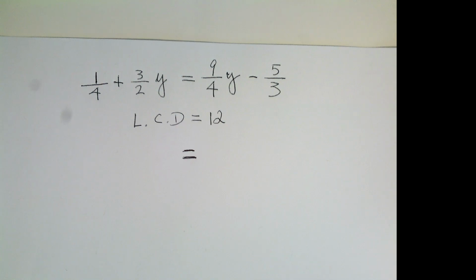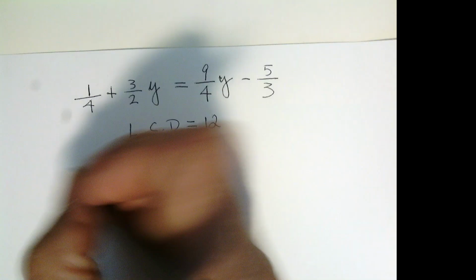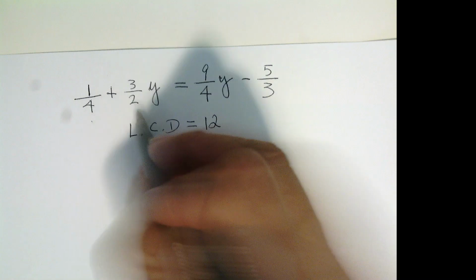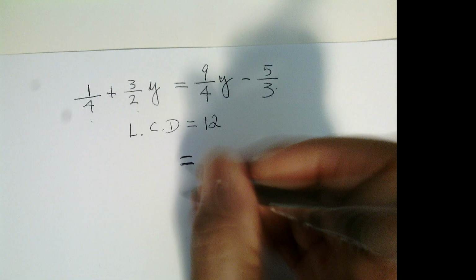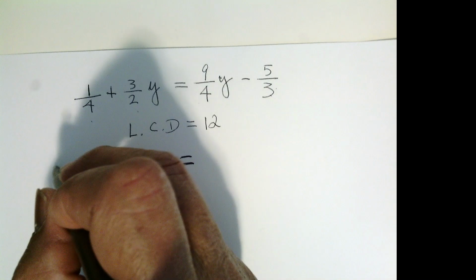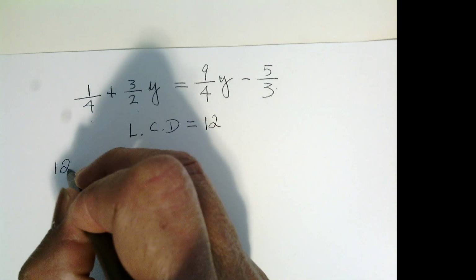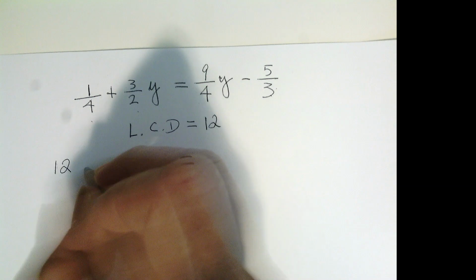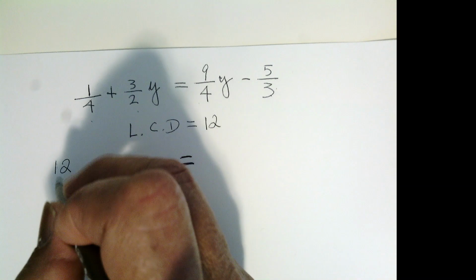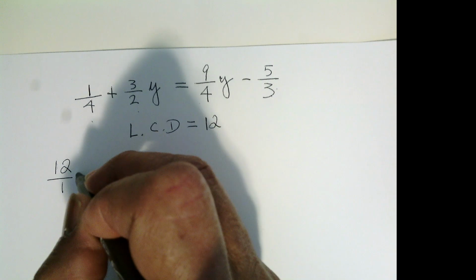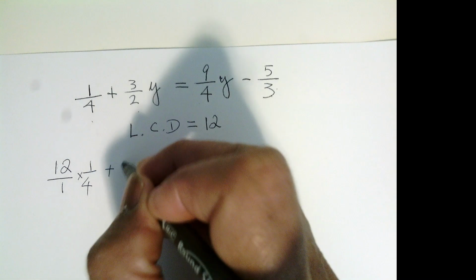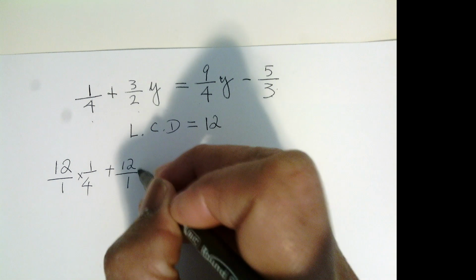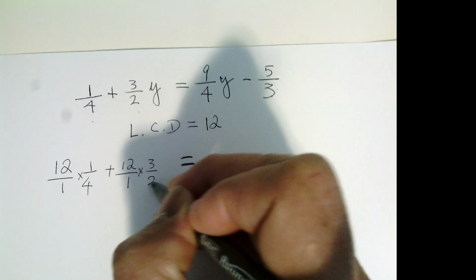So after I identified the LCD, then you multiply every term by 12. So 1, 2, 3, 4. There are 4 fractions. So using 12 4 times. So you see 12 over 1 times 1/4 plus 12 over 1 times 3 over 2y.